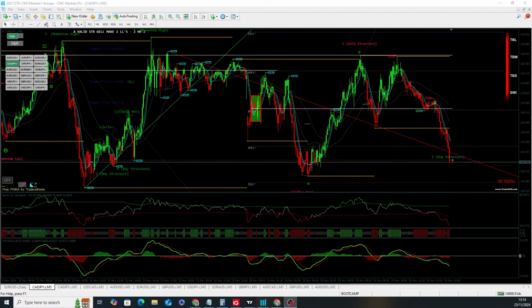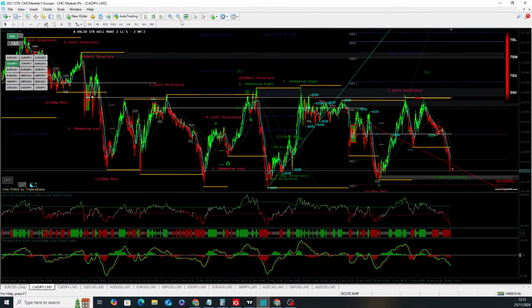We are looking at the currency pairs today. I want to start with the Canadian dollar Japanese yen. We have an interest in this pair, and last week I posted a couple of trades on it. On the 5 minutes with the 1 hour highs and lows, you can see price has been trading in a range for a while.